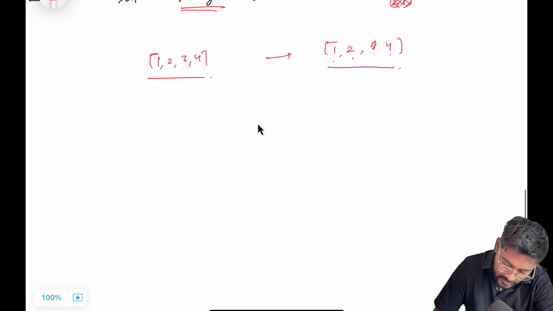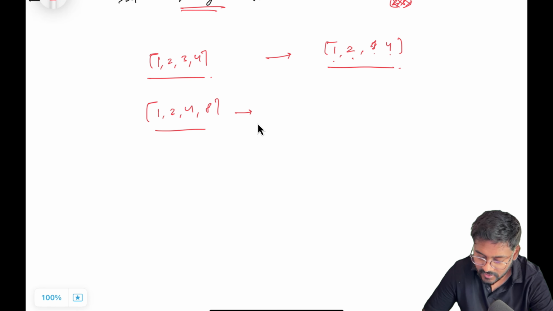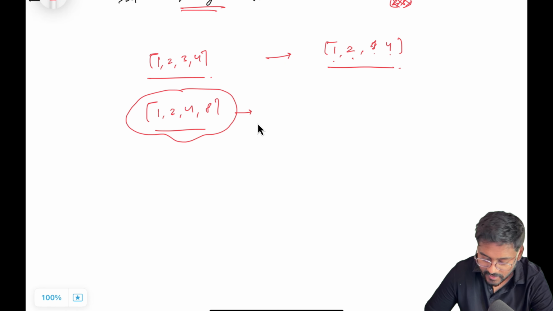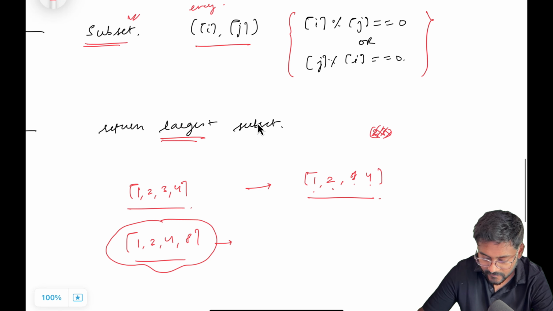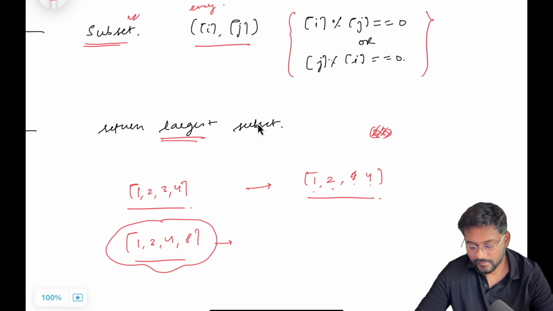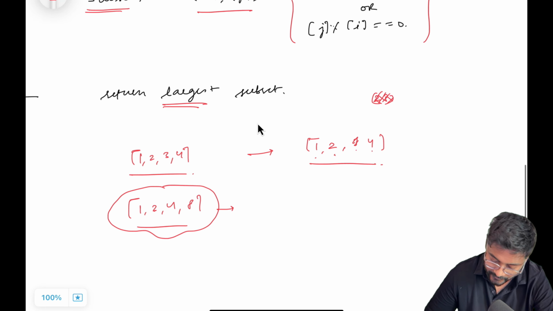Let's say I take an example like 1, 2, 4, 8. In this case, what is the answer? The whole array I can take as a subset, because every pair is satisfying this condition. One is divisible by the other, the other is divisible by one.